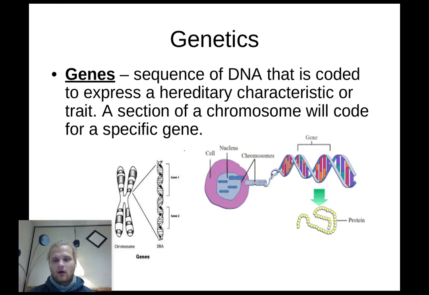All we're going to do is extract that gene from the nucleus and put it in a ribosome where it's going to make proteins to give us the certain trait that we want. A section of a chromosome will be coded for a specific gene. So again, genes are found on chromosomes. Chromosomes have a ton of DNA, and genes are just a specific sequence of DNA.